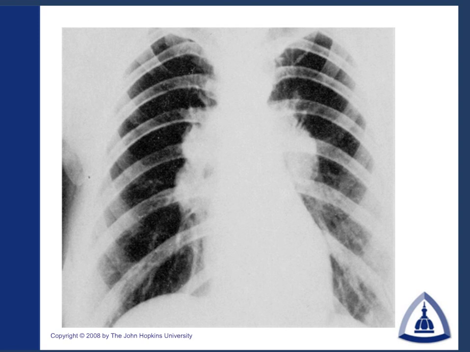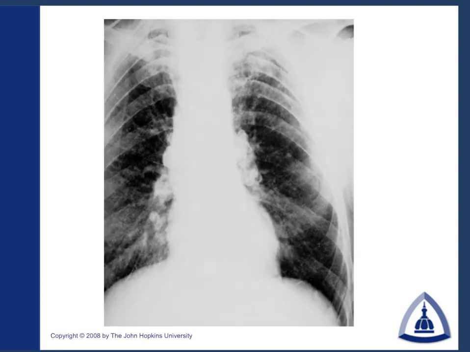This is a common pattern that we may see as well. Bilateral, big, huge hilar adenopathy. This is a patient with stage 1 sarcoidosis, okay? Bilateral, symmetric hilar adenopathy. And then this patient was a dental worker, okay, who was exposed to silica dust.